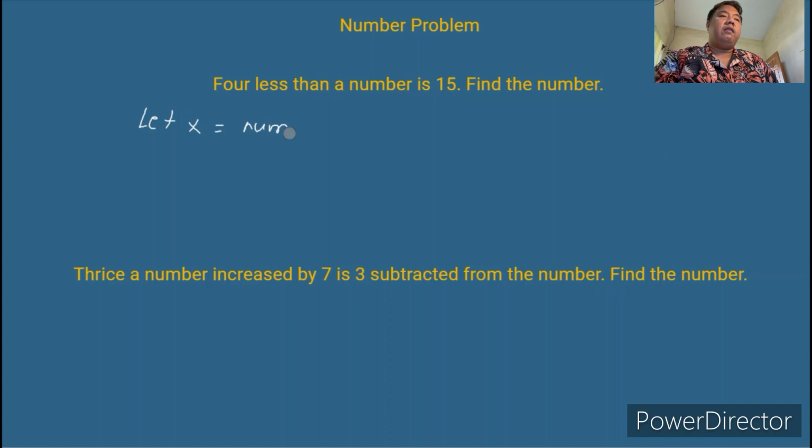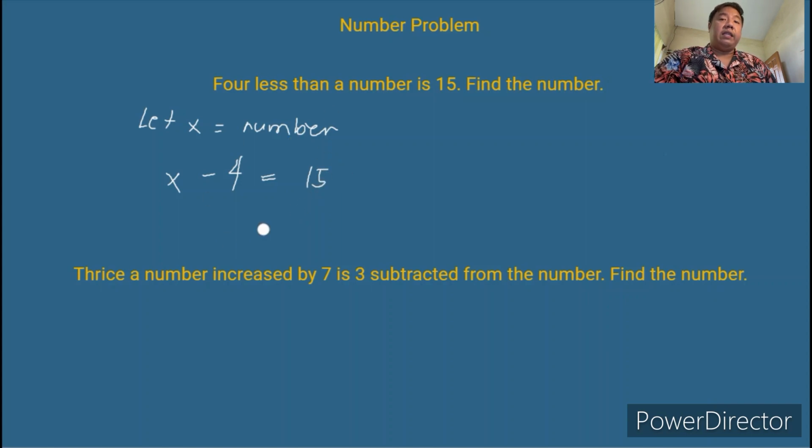And then, what are we going to do next? 4 less than the number is 15. So just represent this or do the equation: 4 less than a number which is x is, so equal sign, then 15. So you already have your equation, then we can now solve.